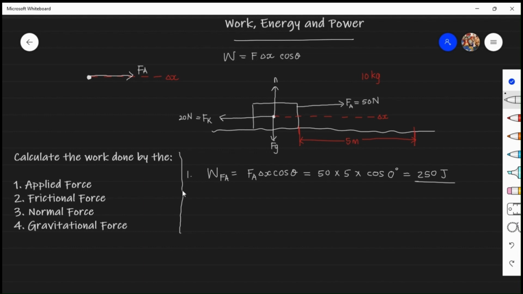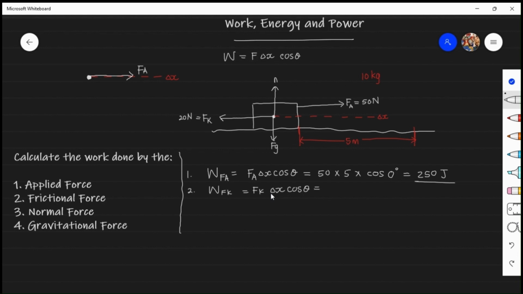Now, let us have a look at the work done by frictional force. So we'll add our subscript. Now keep in mind the formula is always the same.